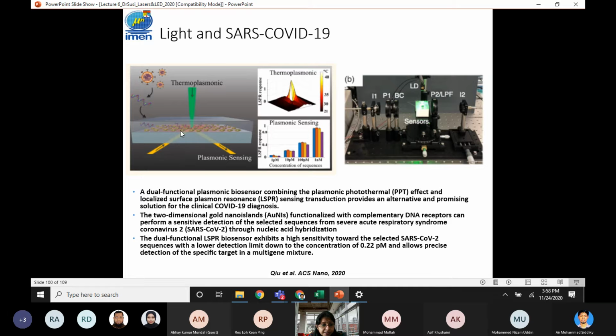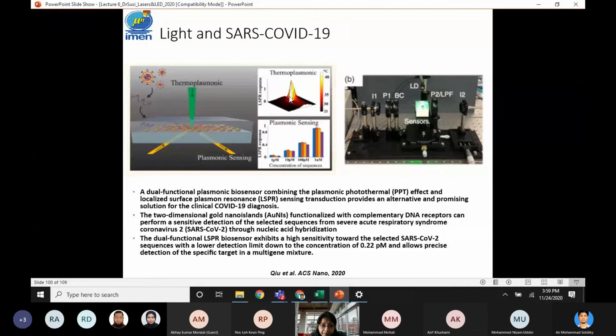And what happens is when you have a plasmonic field over here with the presence of the COVID virus and the heat from this light, a specific thermoplasmonic field is formed. We call it the LSPR response. When the virus is present, you get a peak, because it interacts with the gold nanoparticles.